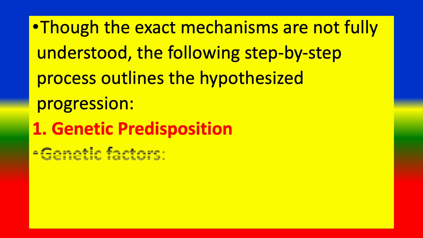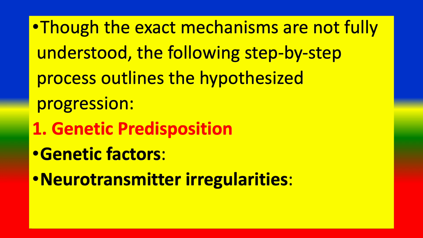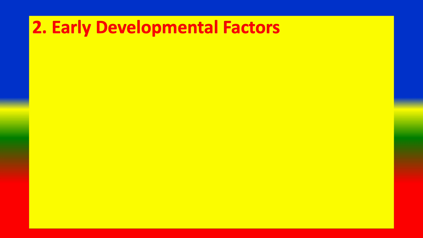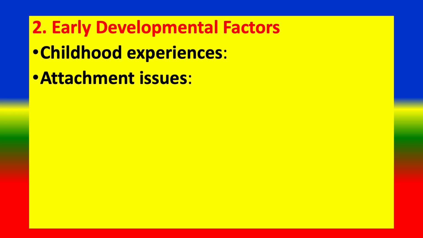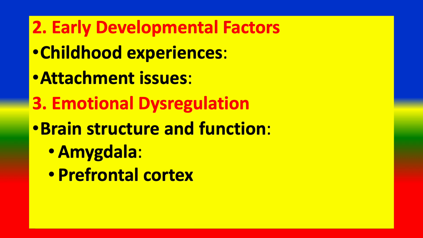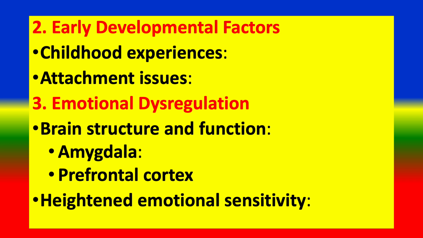One, genetic predisposition, genetic factors, neurotransmitter irregularities. Two, early developmental factors, childhood experiences, attachment issues. Three, emotional dysregulation, brain structure and function, amygdala, prefrontal cortex, heightened emotional sensitivity.